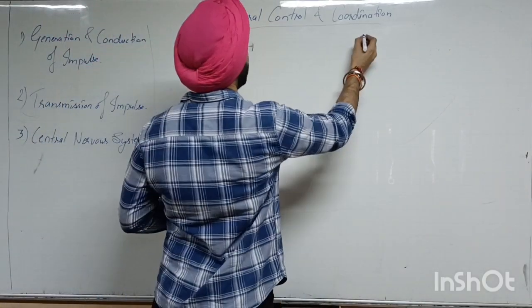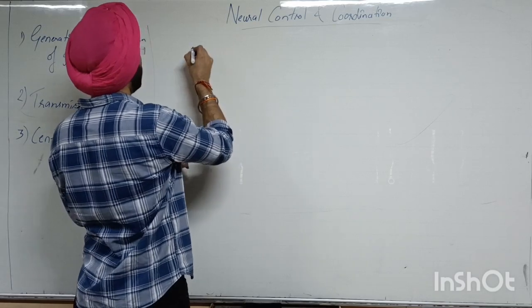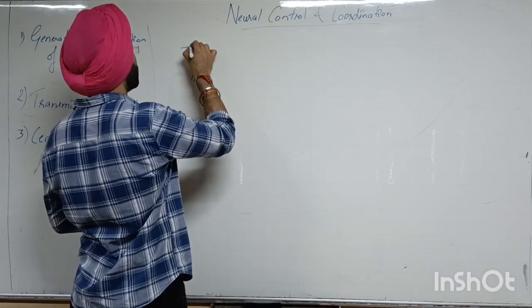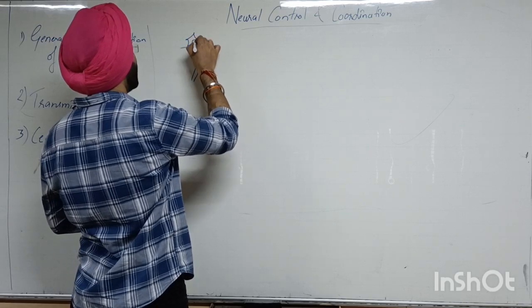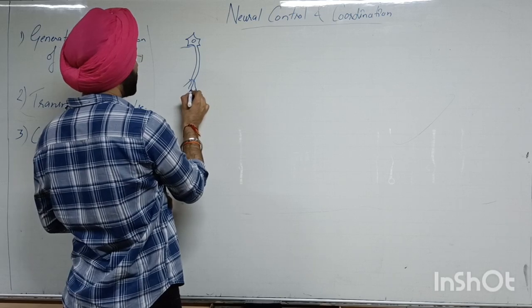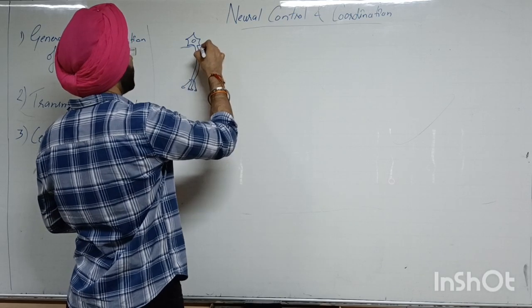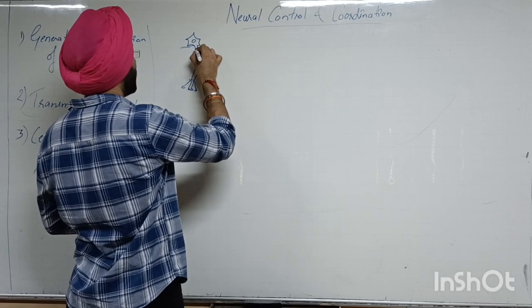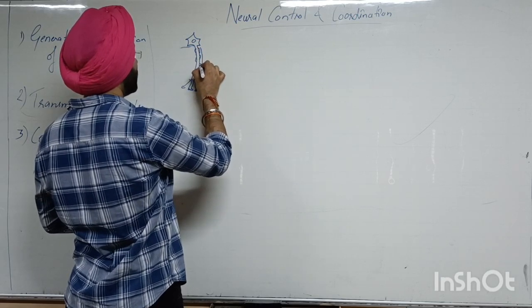Let me draw. You already know that this is the axon, like this, and the synaptic knobs are present over here. The conduction of electrical impulses is carried in the axon part like this. This is the myelin sheath.